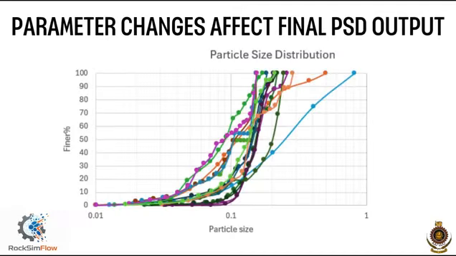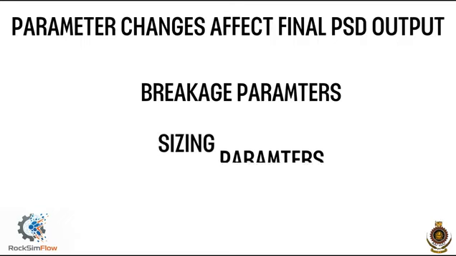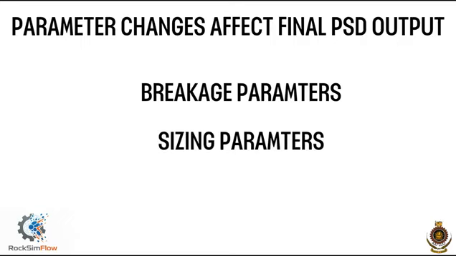The discrete element method based analysis provided valuable insights into how small parameter changes can influence overall system efficiency. As seen in our simulations, variations in breakage parameters and sizing parameters result in noticeable differences in the particle size distribution, directly affecting output quality and energy efficiency.